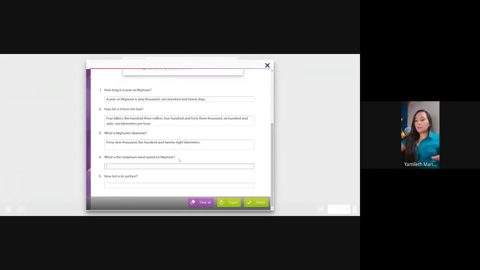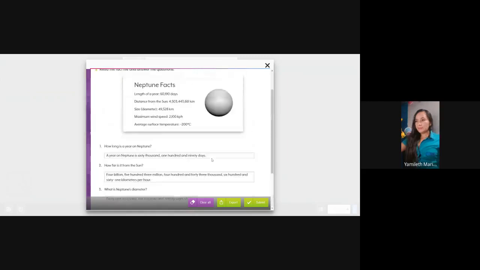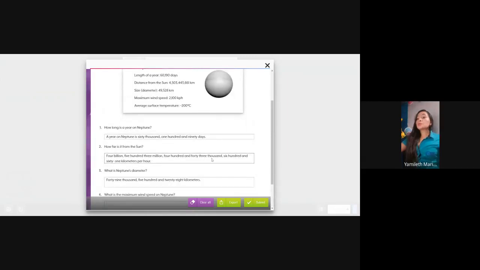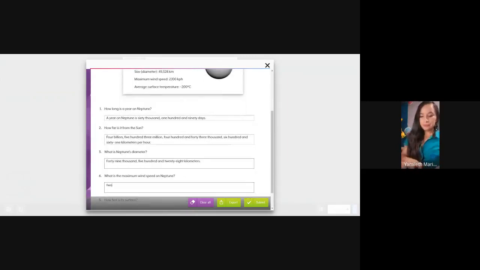What is the maximum wind speed of Neptune? 2,100 kilometers per hour.